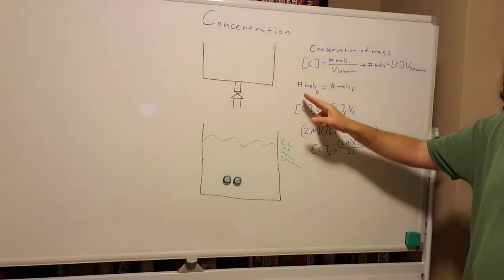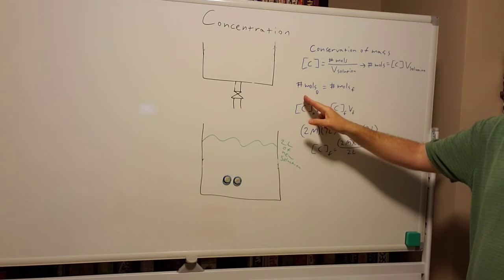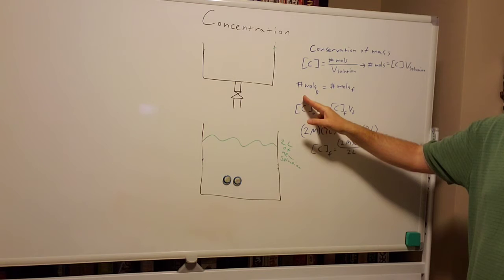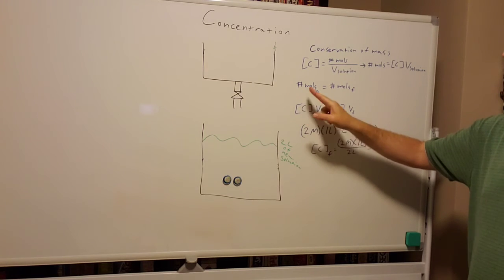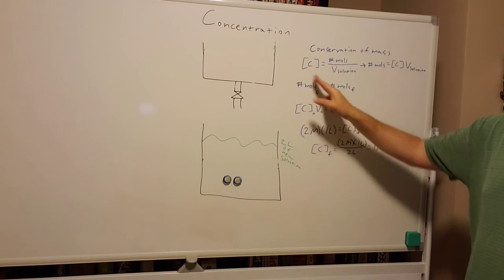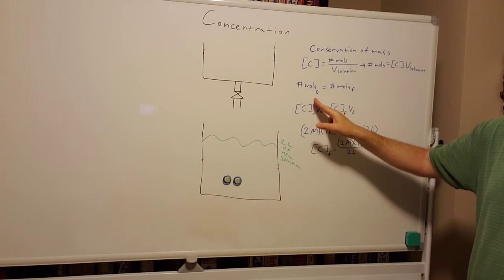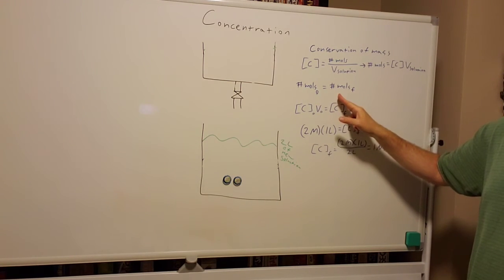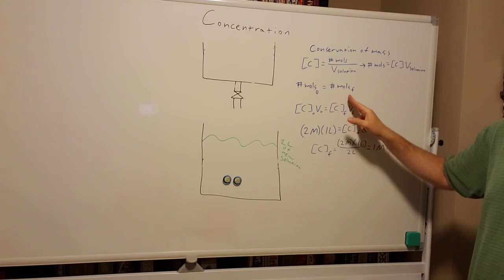Conservation of mass tells us that the mass I start with must equal the mass I end with if it's a closed system. That closed system just means there's no losses in the transition. Therefore, the number of moles that I start with, moles at 0, are equal to the number of moles that I end with, number of moles final.